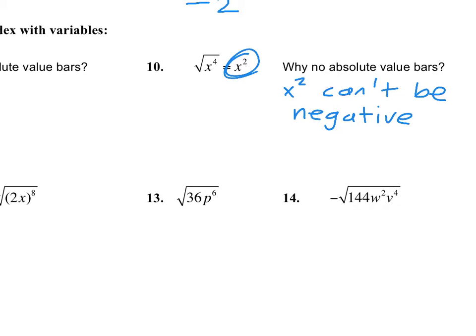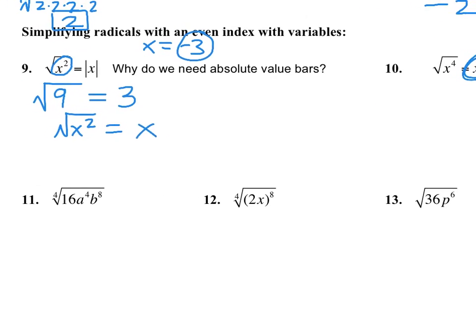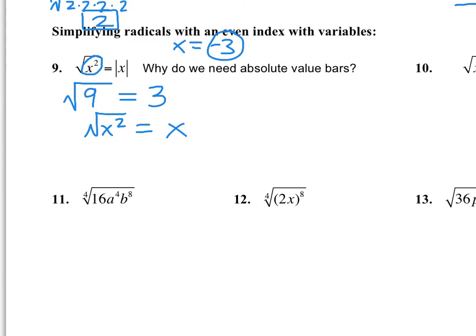When x is 0 and you square it, it's 0. So you have to use absolute value when your answer to a square root might be negative. So if x is negative, well, we can't let this be negative because a square root can't be a negative, so we put absolute values.